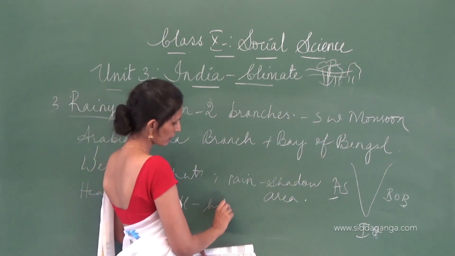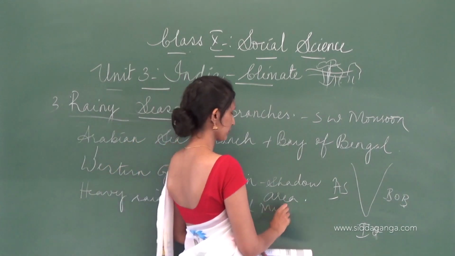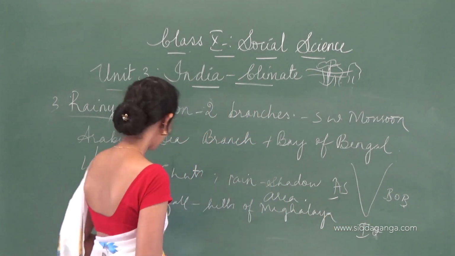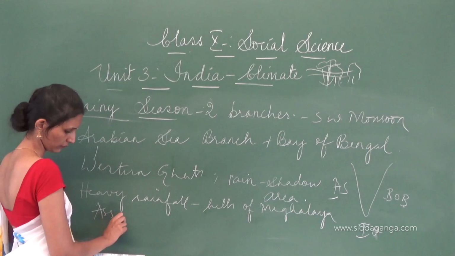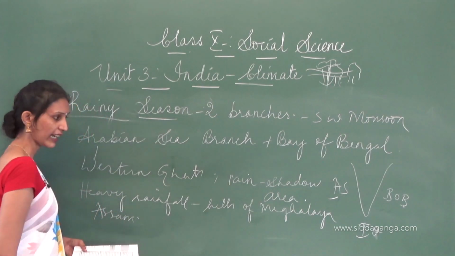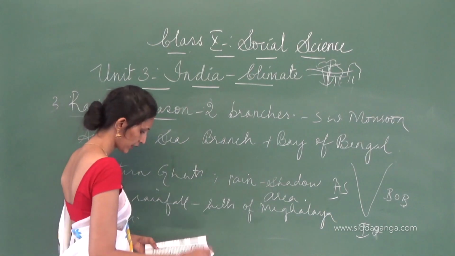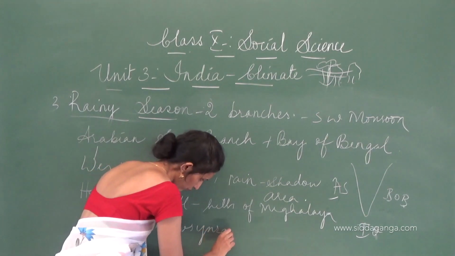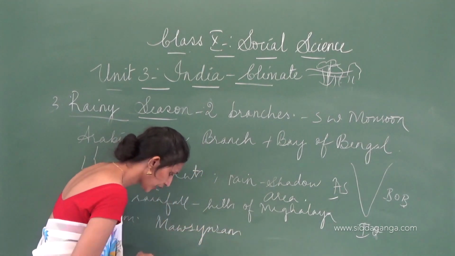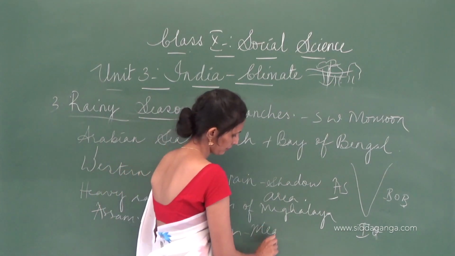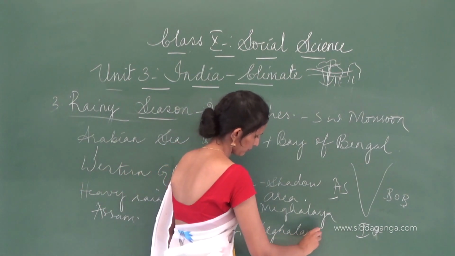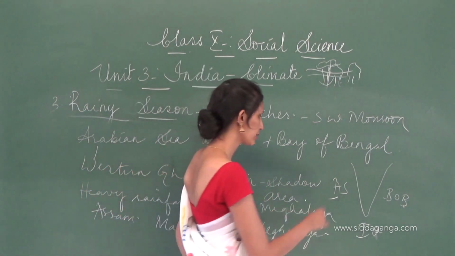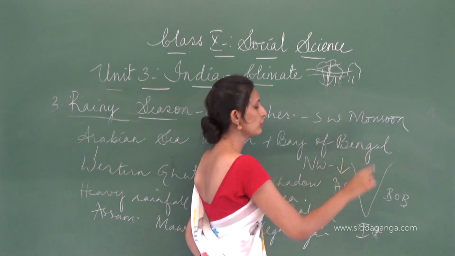And it is striking the hills of Meghalaya and Assam. Now, the heaviest rainfall is in Mawsynram in Meghalaya, and as it goes towards the northwest, okay, the rainfall starts to decrease.